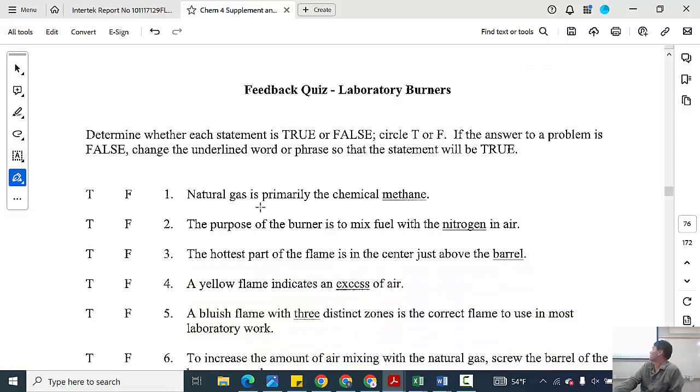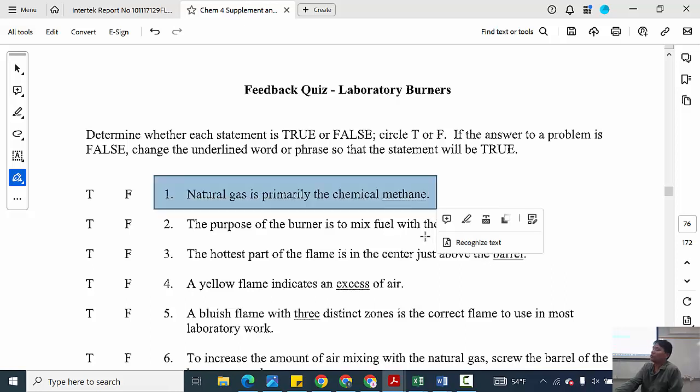All right, now on the back of this report is the feedback quiz. It's just true or false, but there's one additional thing you have to do. If it is false, you have to change the underlined word to make it true. So let's take a look at number 1. Natural gas turns out to be a mixture of methane and other gases.